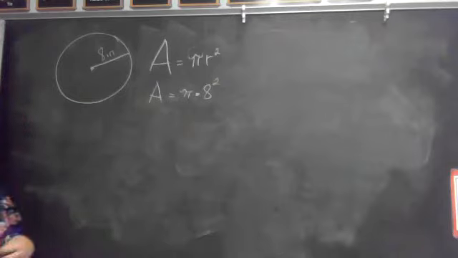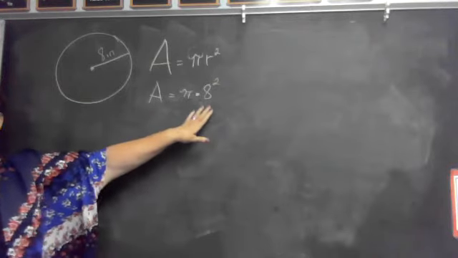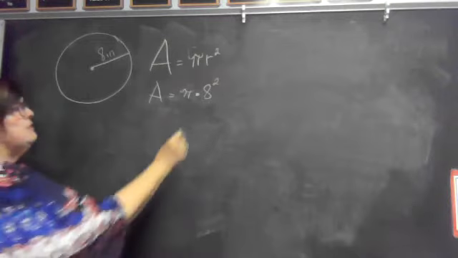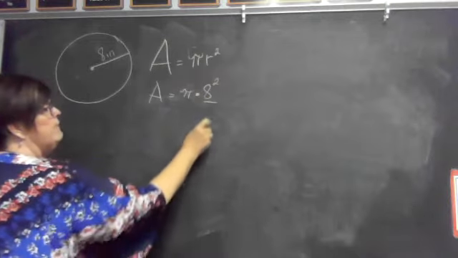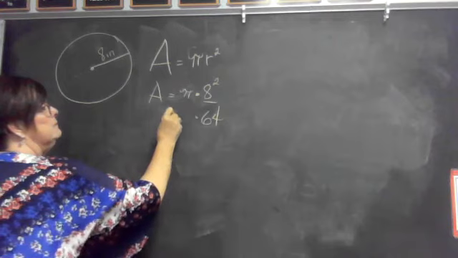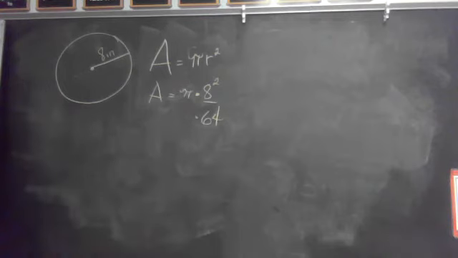Okay, when you're using your calculator, you can put it in just like this. If you're doing the order of operations, you need to do the exponent first. How do we do the 2? There's a little x squared on the left.